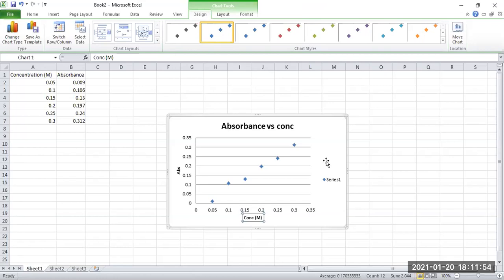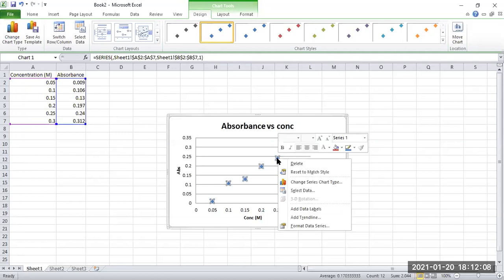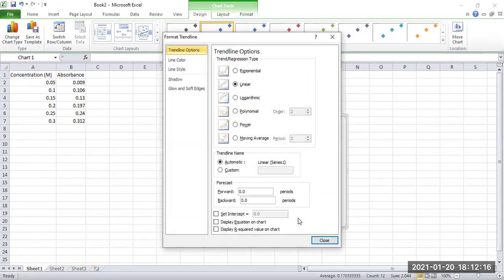All right, I am going to pick one of my points, and on your touchpad or on your mouse, it's a right-hand click. Scroll down here, and it says add trend line. You get this box pop up.